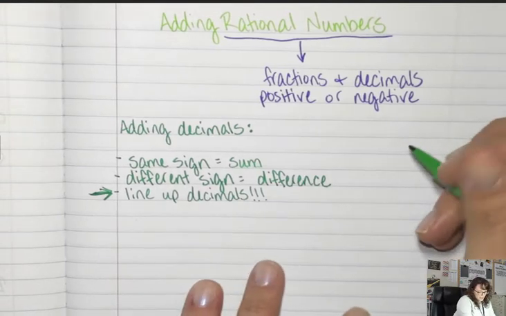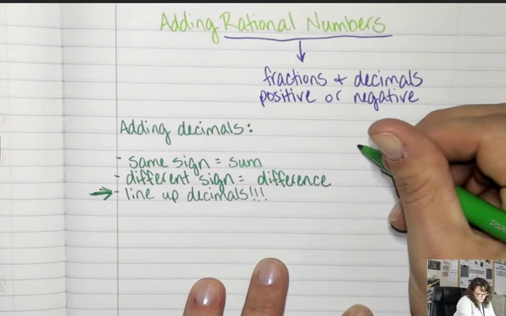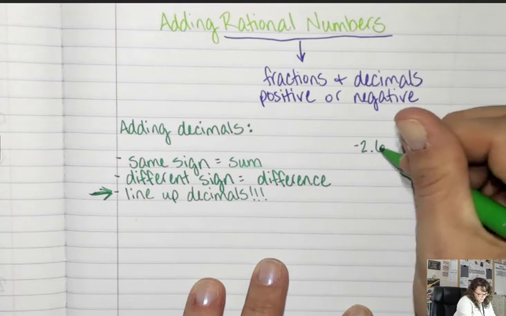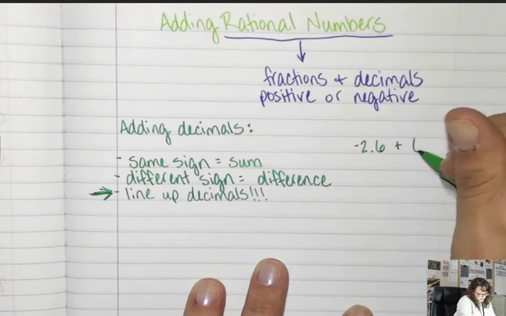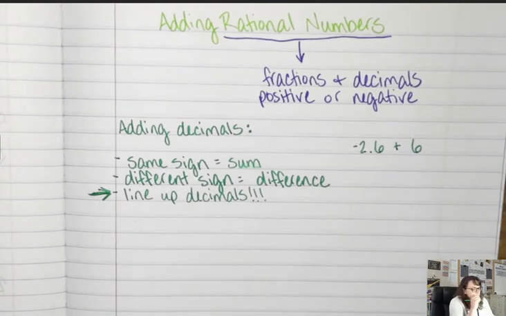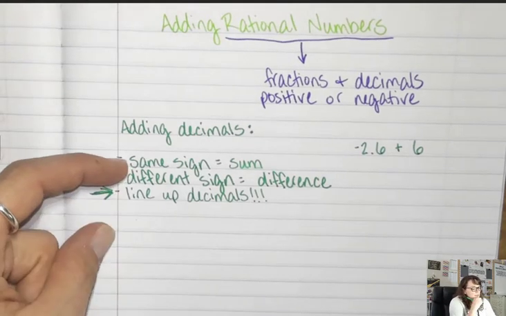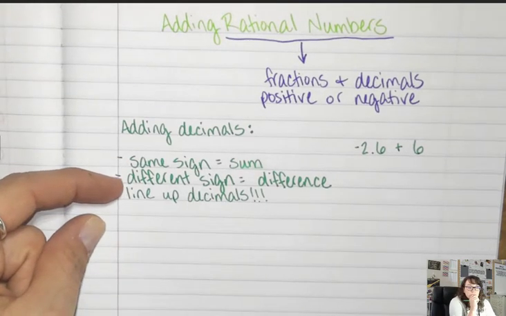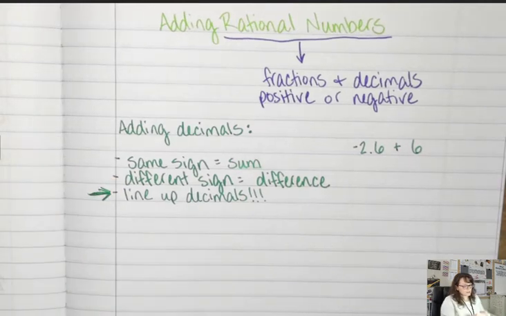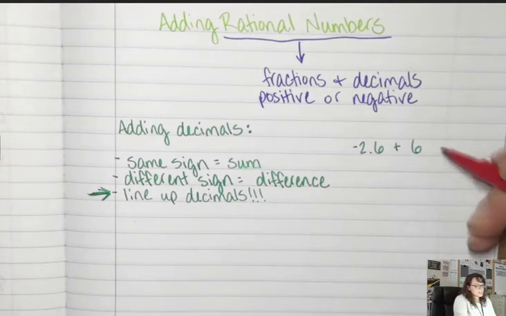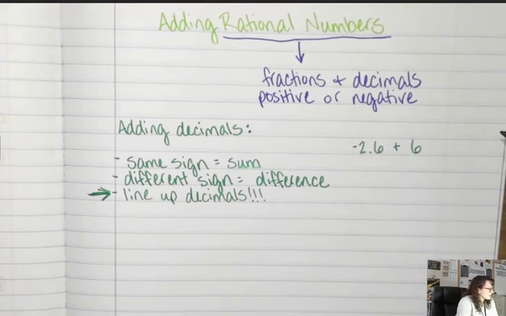So if you had negative 2.6 plus 6, same sign or different sign? Different signs. So we need to find the difference between 6 and 2.6.